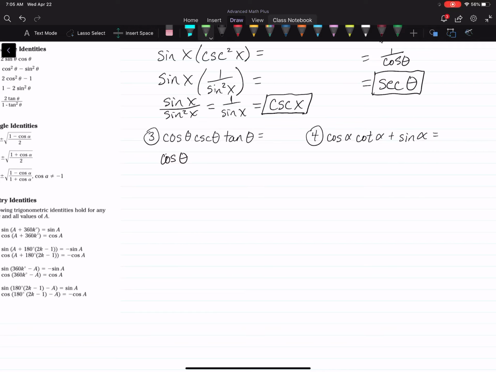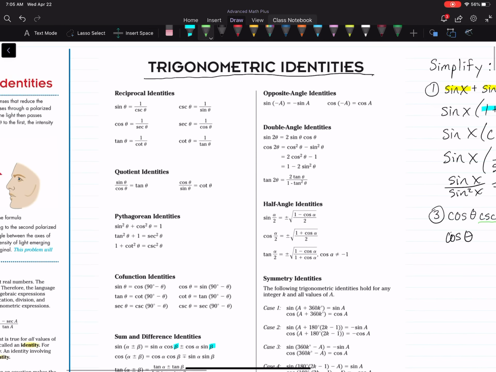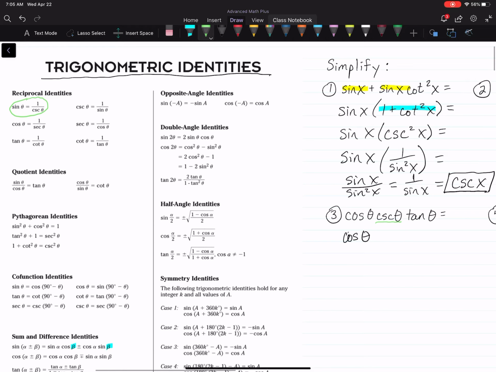Cosecant theta, right here, we can change that again using our identities. The reciprocal identity of cosecant is sine, so we're going to change that to 1 over sine theta.